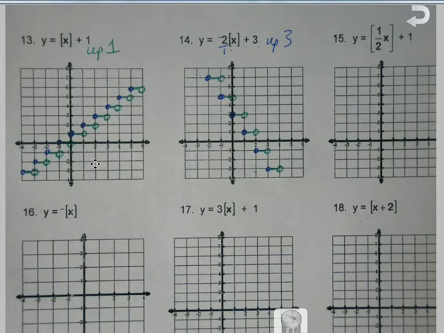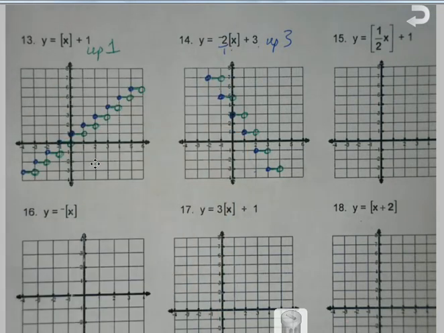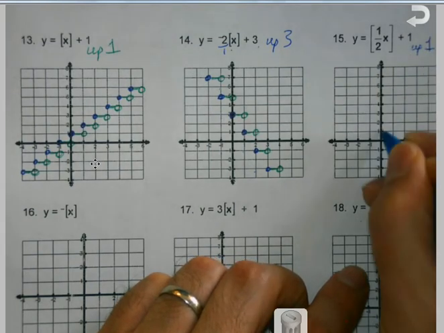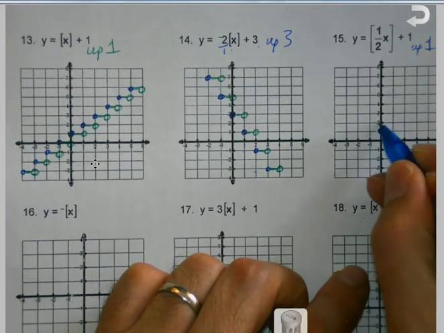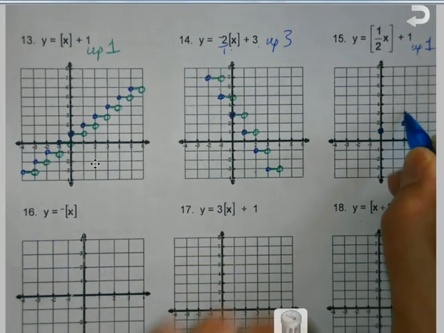And just like anything with slope, the bigger the number out front, the steeper the slope. The smaller the value, the less of a slope that you're going to get, or the less steepness. Here, that first point's going to be shifted up 1 from where it would normally be. And then from there, I'm just going to go up 1 and over 2.